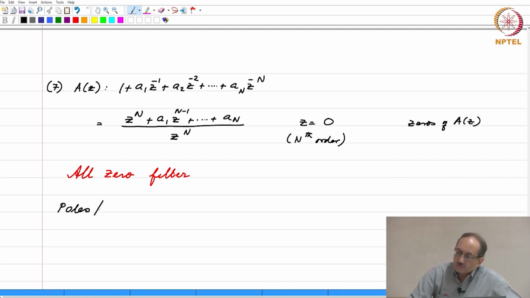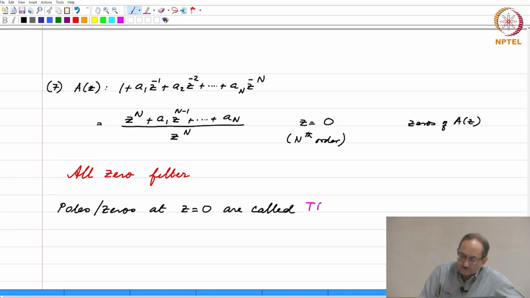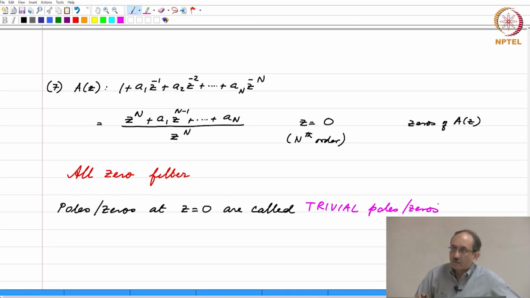Poles or zeros at Z equal to 0 are called trivial poles or zeros, and later we will understand why this is called trivial.